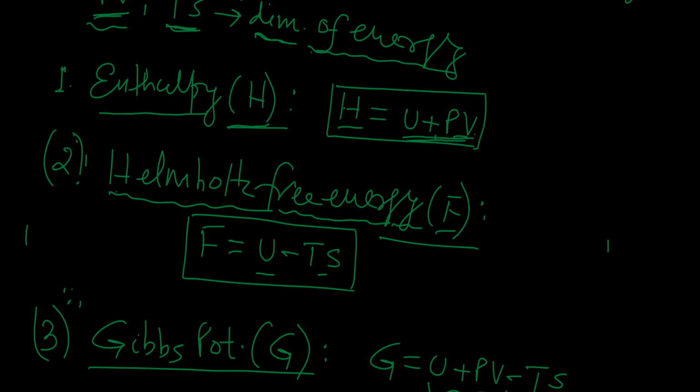And here this Helmholtz free energy is defined as a combination of U and TS. You may define F equal to U minus TS. In this manner, another thermodynamic potential, Helmholtz free energy, gets resulted by the combination of U and TS.